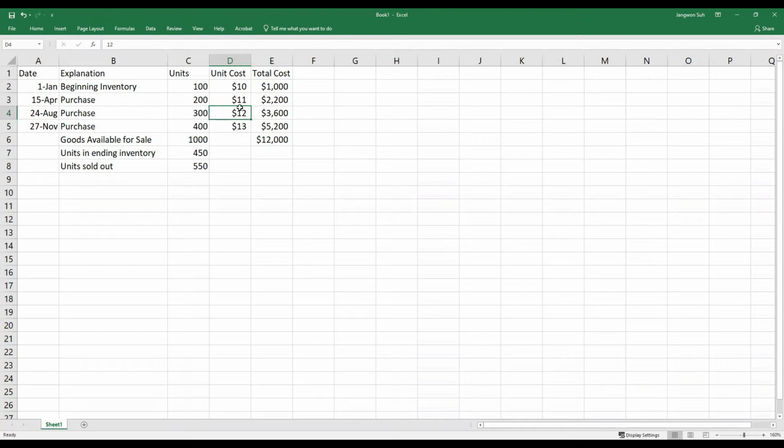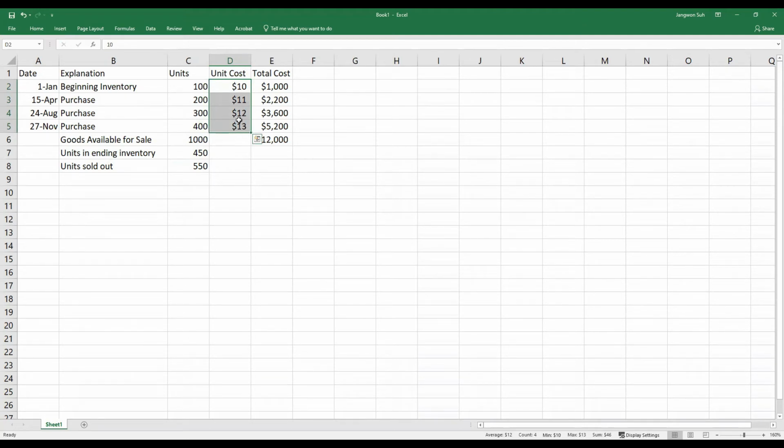Accounting has been developed by business people like you and me, based on their practice. So I'm just saying that you can develop your own inventory costing method. What do you think? What kind of unit cost should we use for this 550? The middle point? That's an idea.